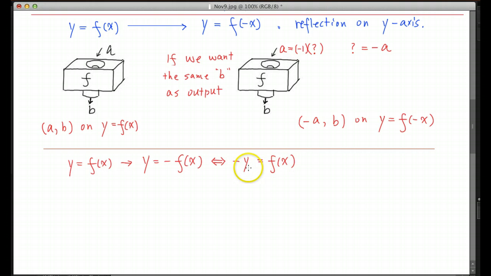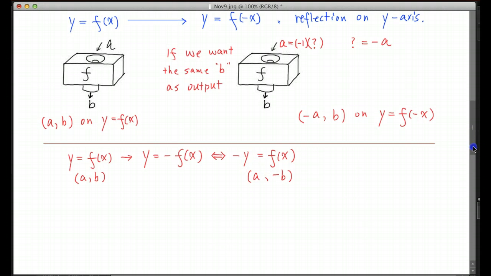So see, if you put a -1 over here, there's no difference compared to the x. So -y compared to -x: if you have a point (a, b) on this, we should have (a, -b). So that would be the same thing.